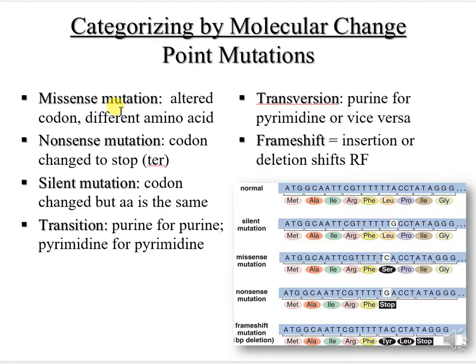This is when you have the substitution of glutamic acid, which is occurring at position 6, for valine. They're both of different chemical character. Glutamic acid is an acidic, electrically charged amino acid, whereas valine is nonpolar.